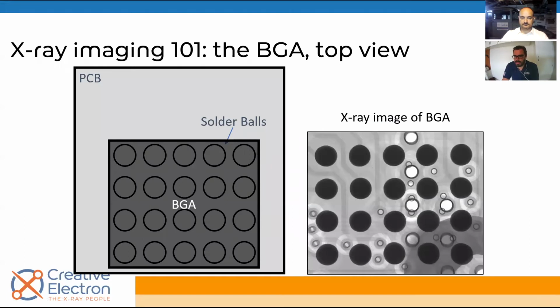So here you see a top view. Here we have the PCB, we have the BGA, you see the little balls on the left side, and here is an actual X-ray image. You can see all of these are just black circles. We don't really see any easy defects on this one. We can see very even colors, not a lot of voiding, and no missing balls, which is an easy one.